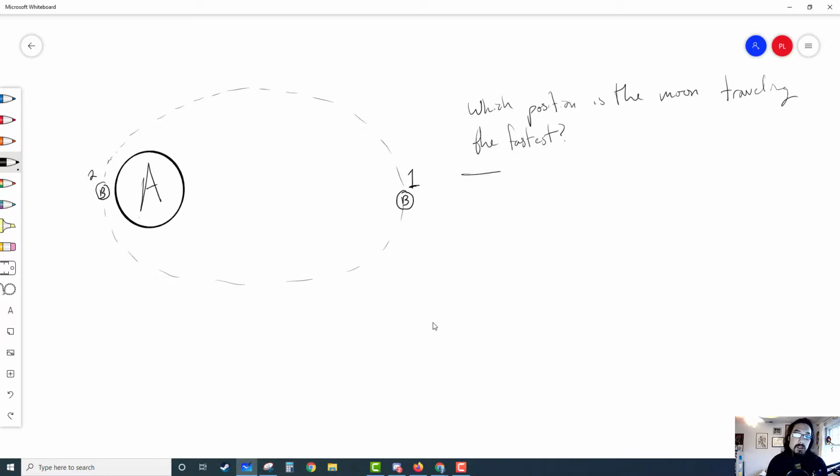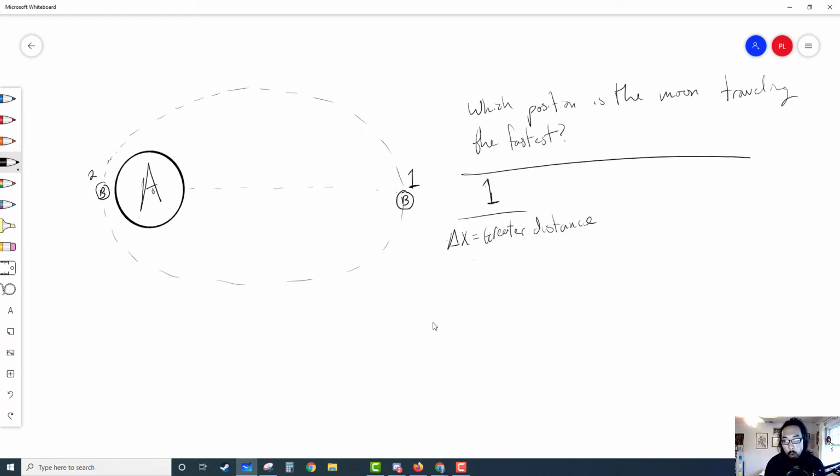So I'm going to do a little chart. Okay, so in scenario 1, the moon has a greater distance. It's far away from the planet. And you can think of this distance from the moon all the way out here as like the height in the gravitational potential energy equation.